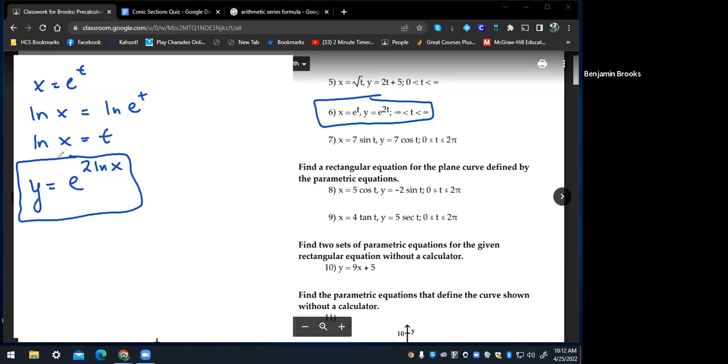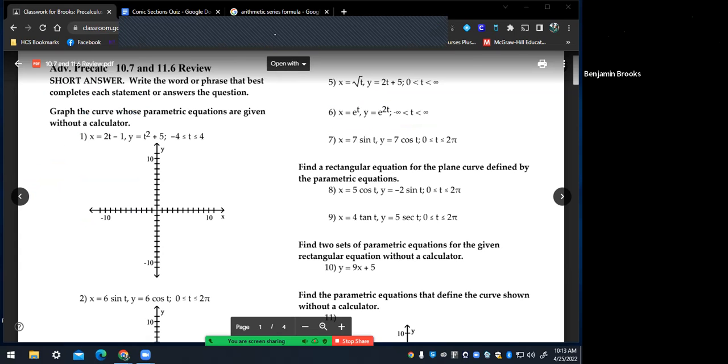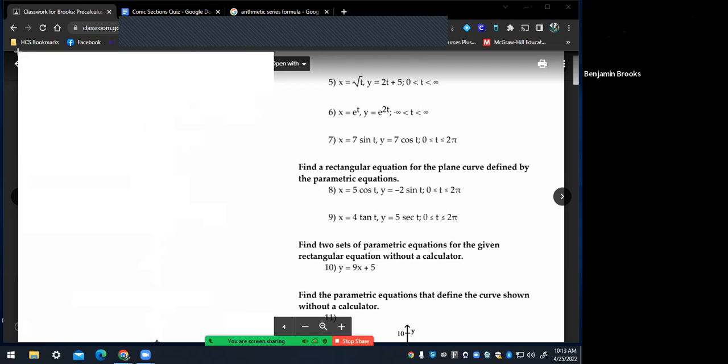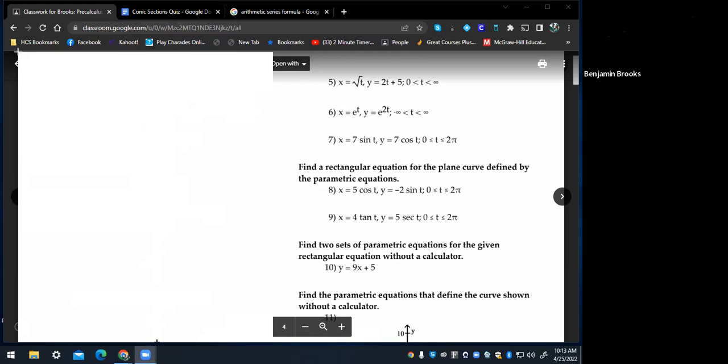We're not done, because 8 and 9 are kind of nasty, but I'm gonna go through 8 real quick. For problem 8, we have a situation where it's gonna be a pain to try to solve for t.